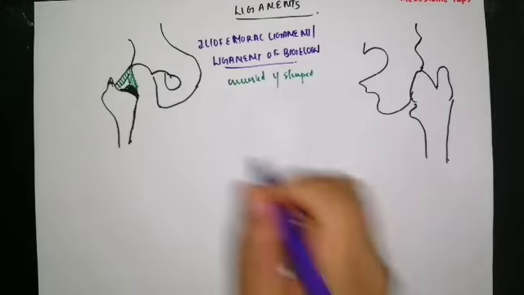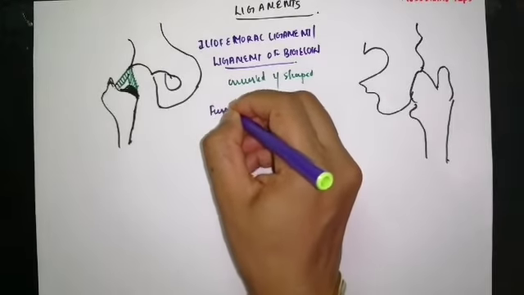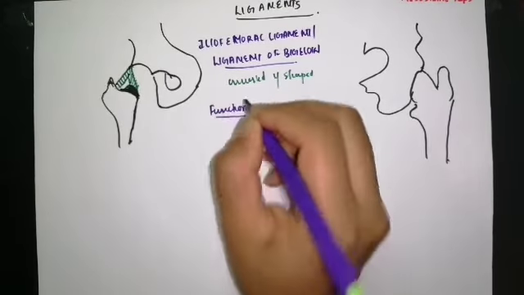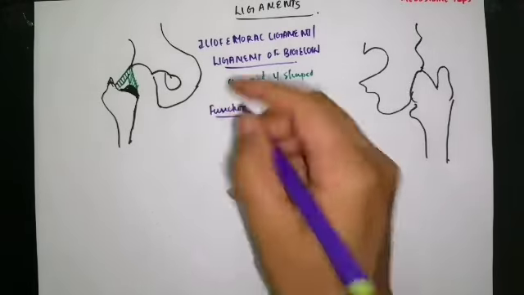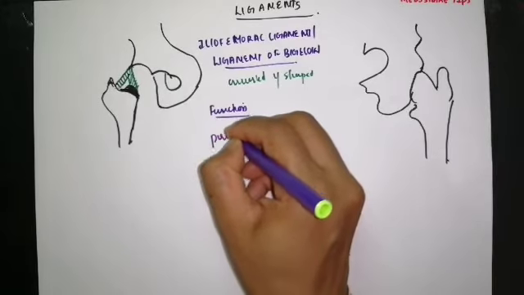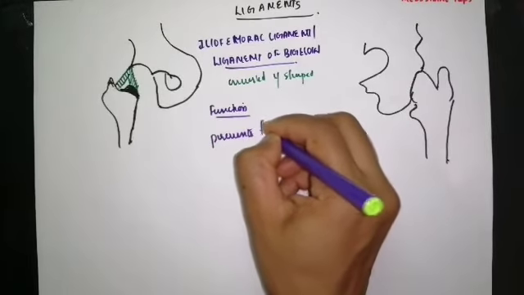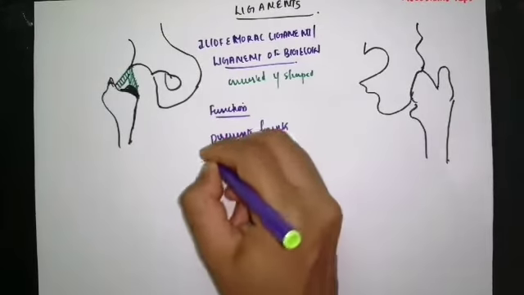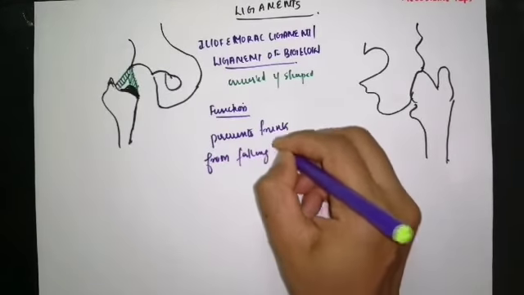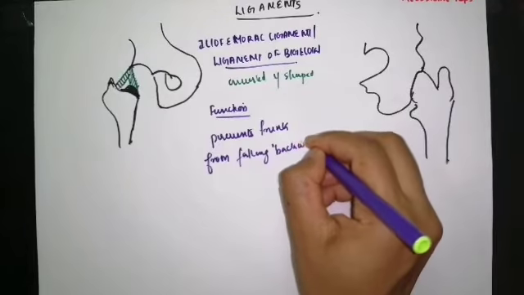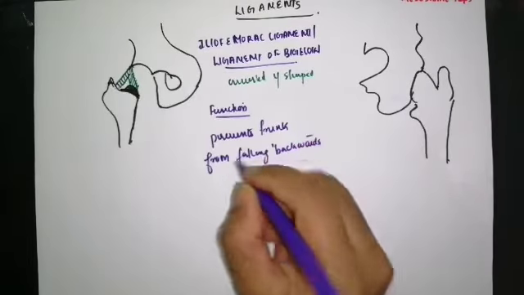Now what is the function of this ligament? It is present anterior to the hip joint, you can see that. And the function is that it prevents the trunk from falling backwards in standing posture.